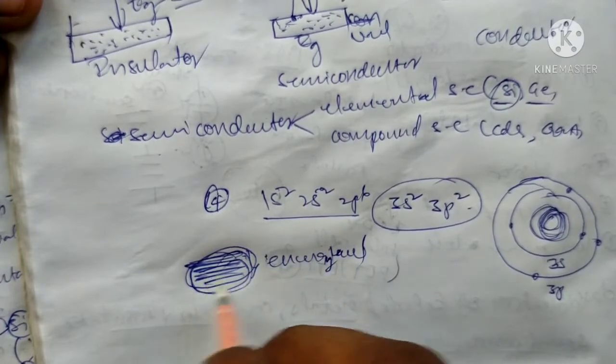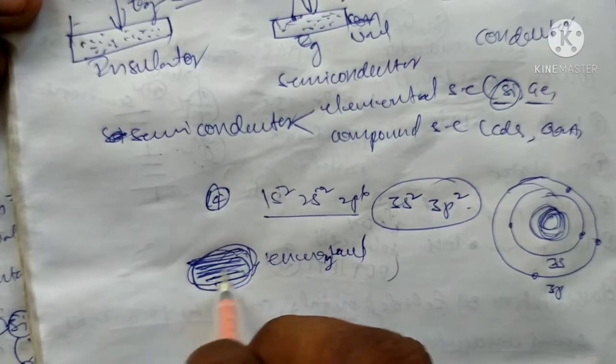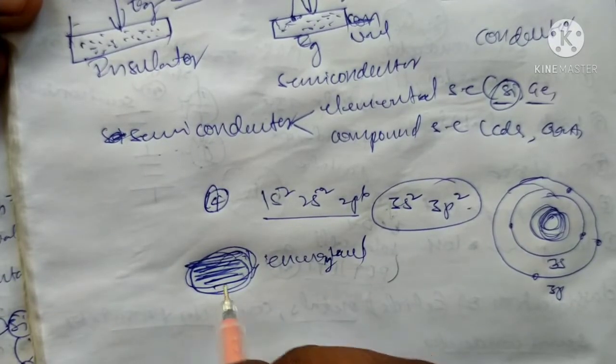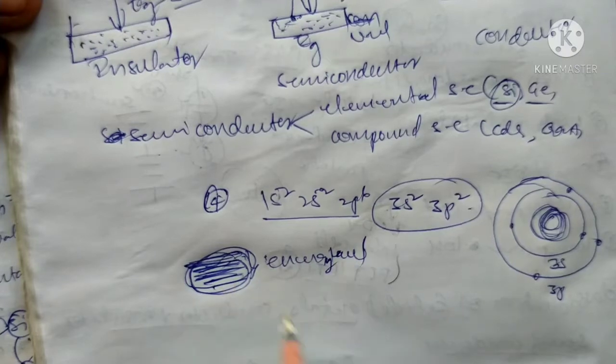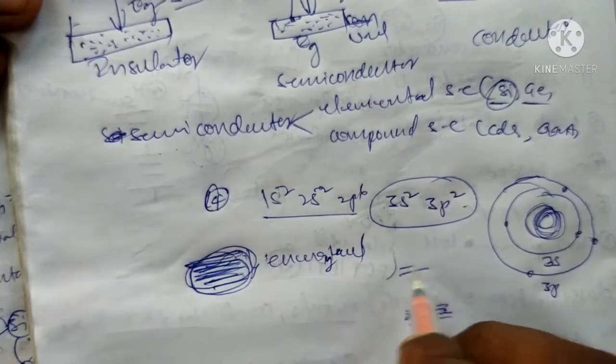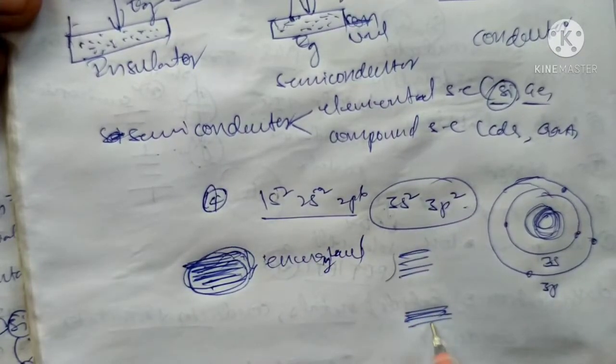It involves energy levels: 1st level, 2nd level, 3rd level, 4th level in the valence band.